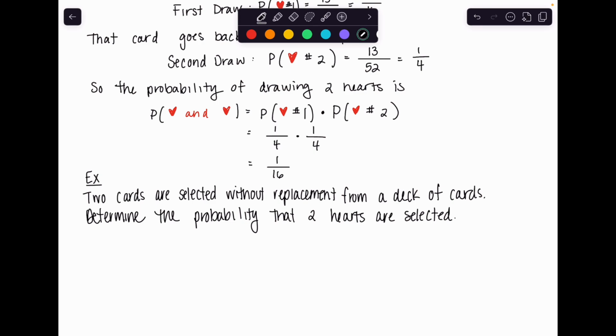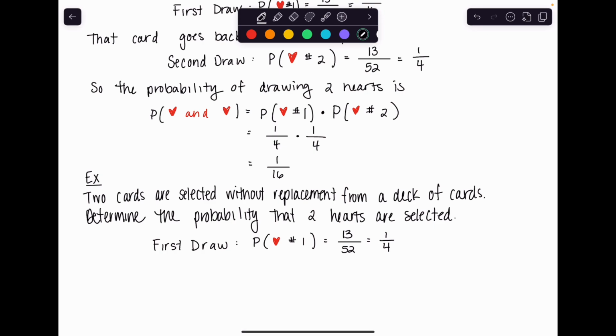So I actually have a smaller deck left over. So if I go to consider the first draw, really absolutely nothing has changed. So my probability of getting a heart on that first draw, so we'll call it heart number 1, is still 13 out of 52 or a 1 in 4 chance.